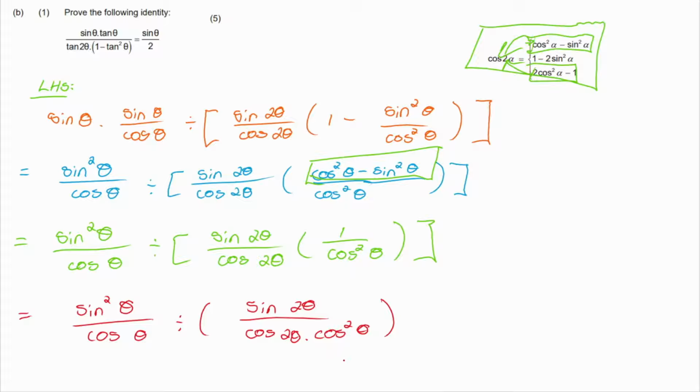Okay, so I made a mistake here. This is not 1. This thing changes to cos 2 theta, cos 2 theta, and then these will cancel. Sorry, I was confused.